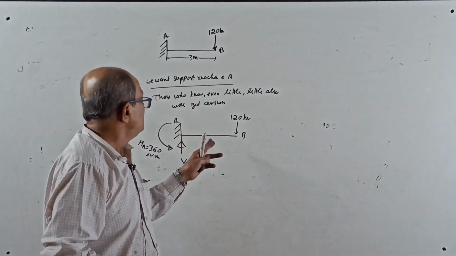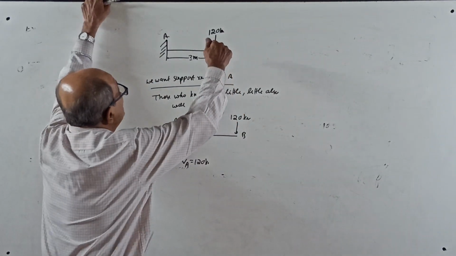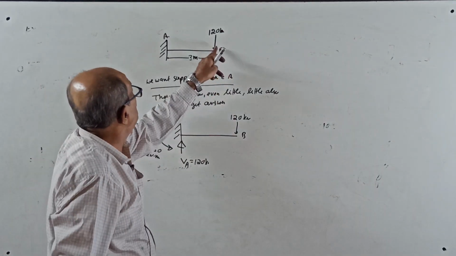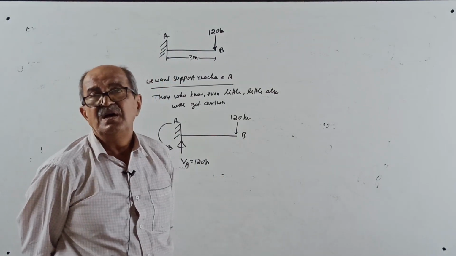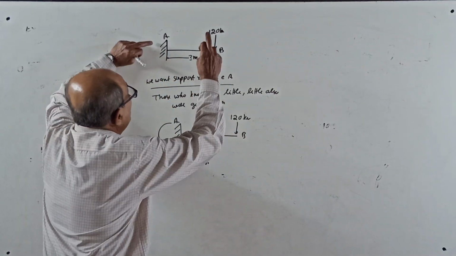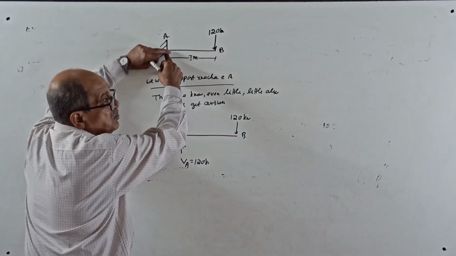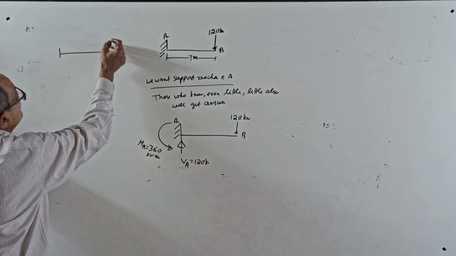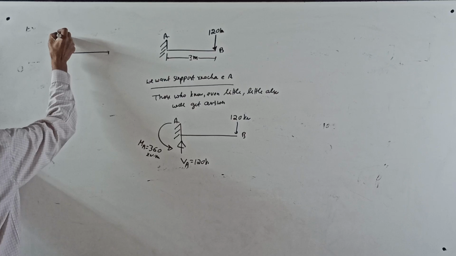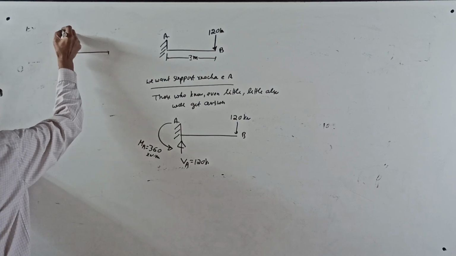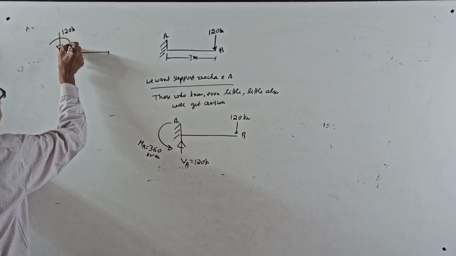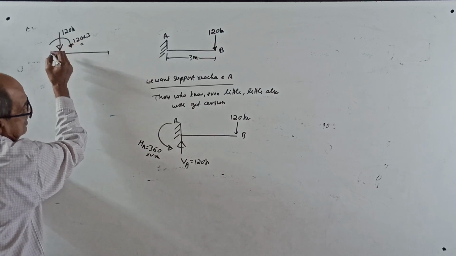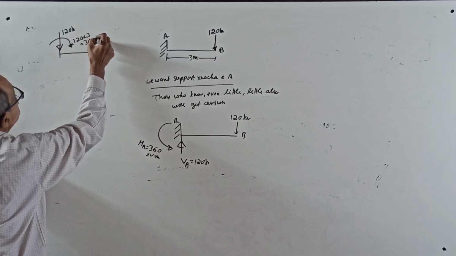Now think a little. You are applying only a force. Why did a couple come? The reason is the force is acting at B. When you shift the force to A, this 120 kN will have a force of 120 kilonewton and a clockwise moment of 120 into 3 equal to 360 kilonewton meter.